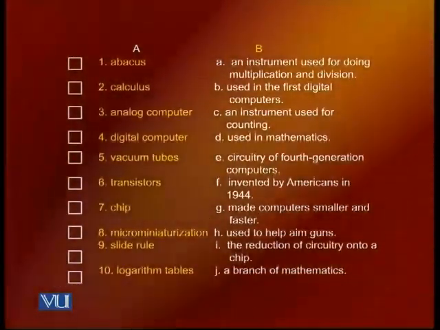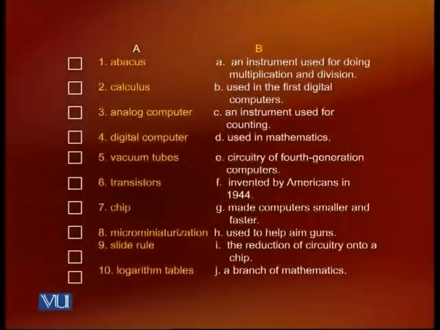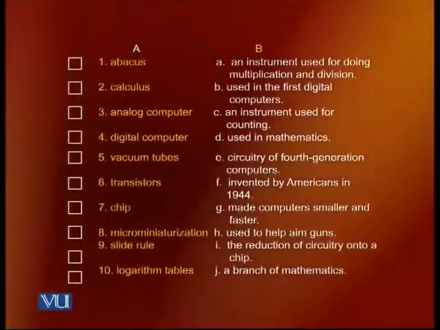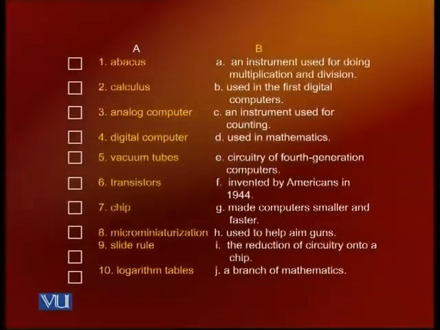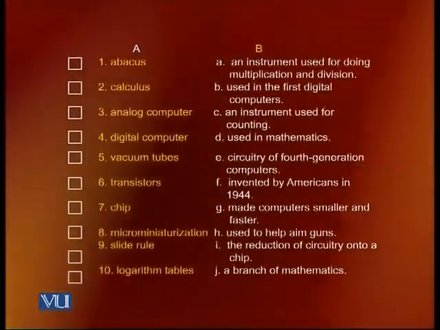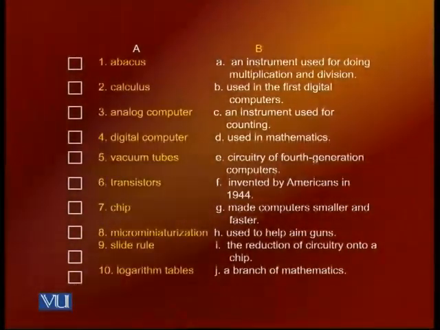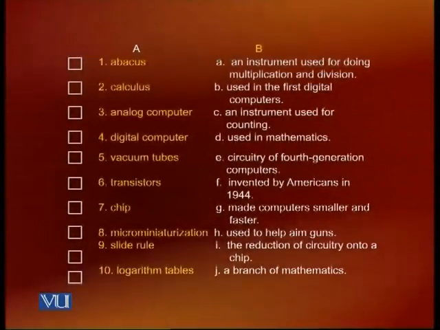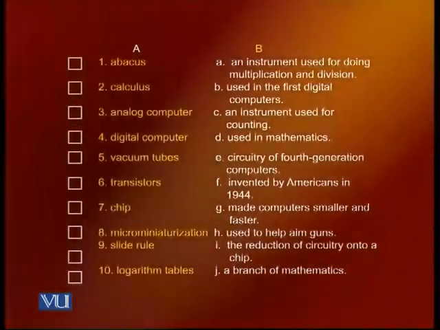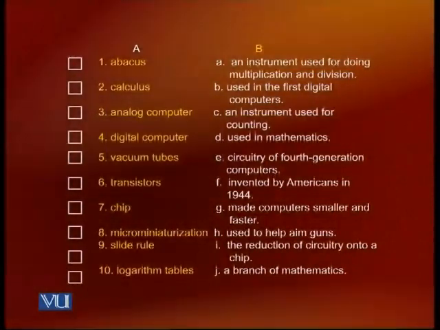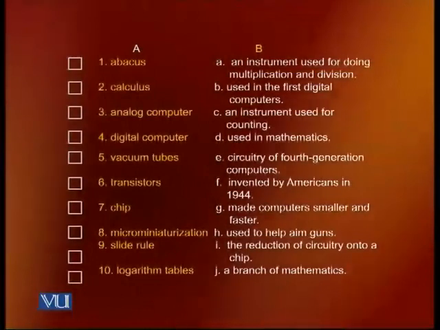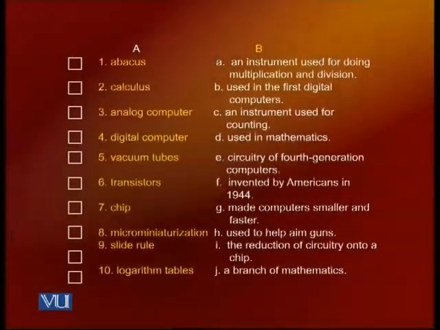Number one is abacus. And if you go through the statements given in column B, quickly scan those statements and you will find that in column B, the statement C matches the word abacus, and abacus is an instrument used for counting.